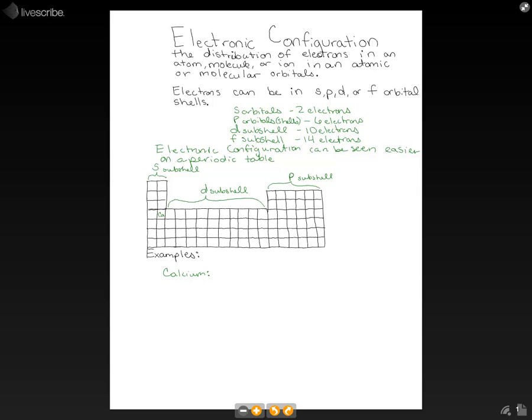So first we want to go through and start to write our configuration, and we always start at our top left. So this is where our hydrogen would be, and helium is here. So our hydrogen we think is like 1s1. Helium would be 1s2. So we think of that as being 1s2 because there's 2 electrons in that shell. They're both filled.